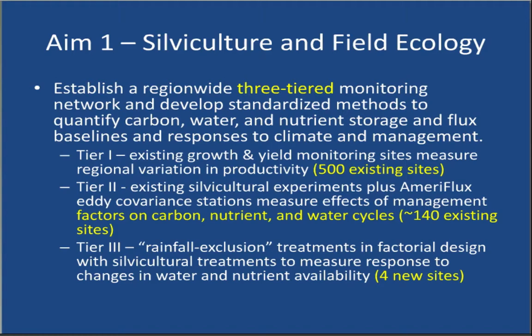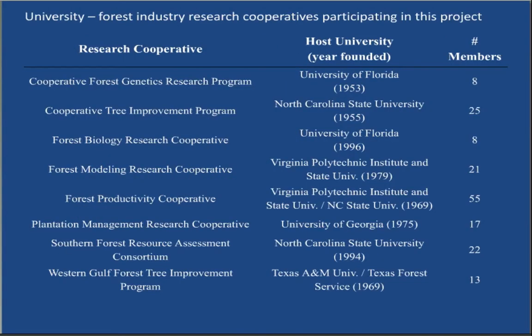The Tier 1 sites are the sites that have been established already by all the existing co-ops that we're working with. They represent primarily what we might think of as archival. They're studies that have been in the ground. Many of them provide data, but they may not physically exist anymore, but the data is still useful in a growth and yield context.